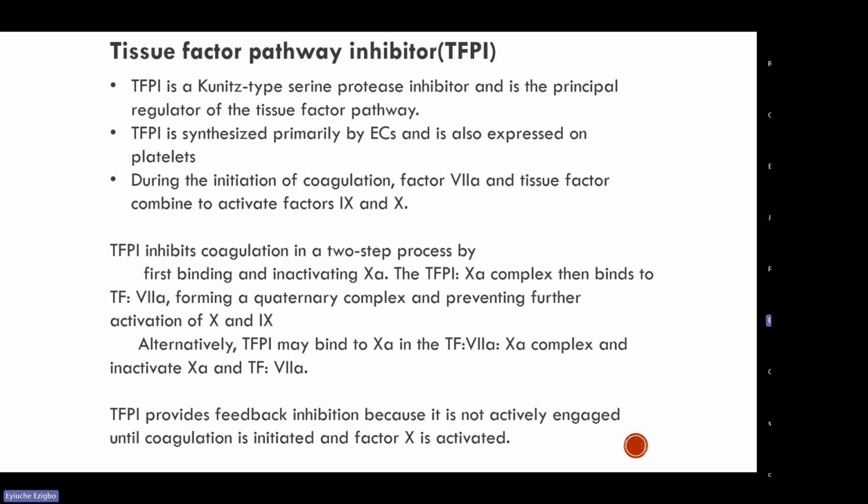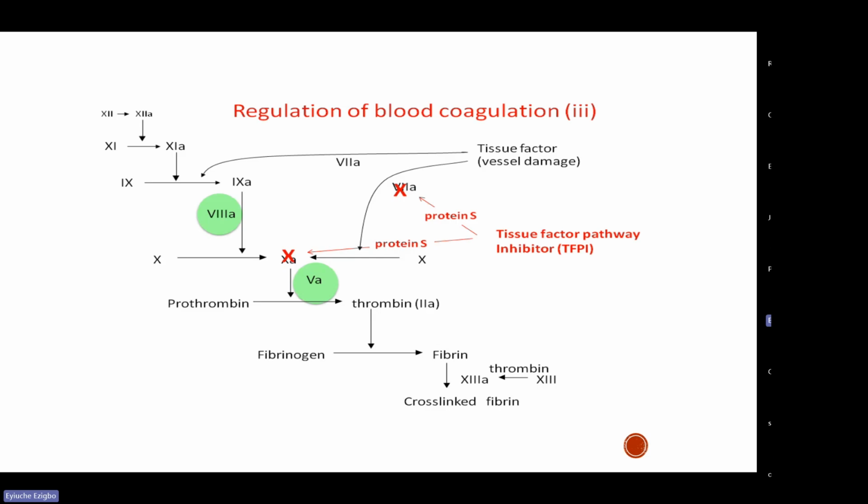Alternatively, TFPI may bind to factor 10 in the TF-factor 7-factor 10 complex and inactivate factor 10 and tissue factor 7. Tissue factor pathway inhibitor provides feedback inhibition because it is not actively engaged until coagulation is initiated and factor 10 is activated. So it can form a sort of feedback mechanism.